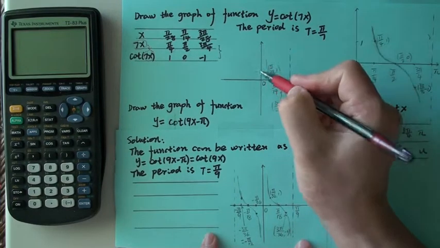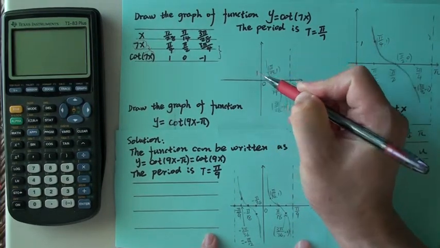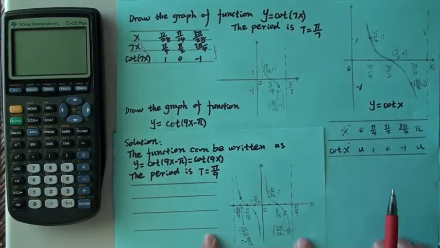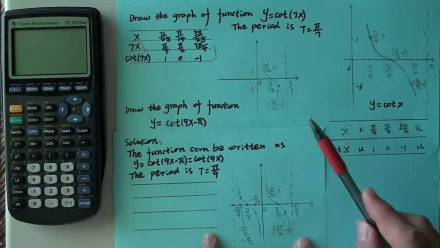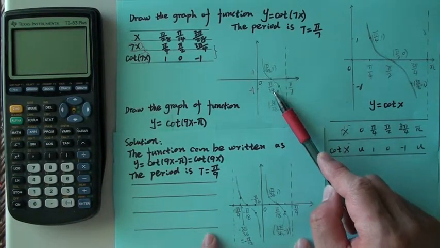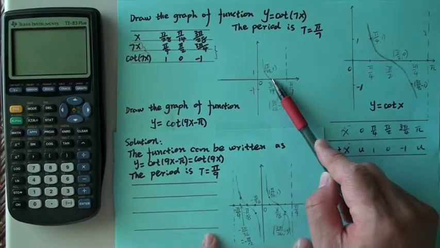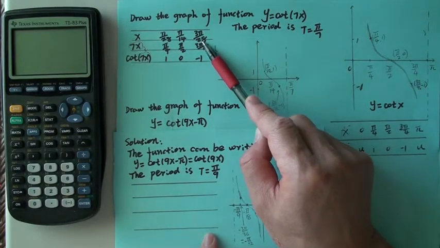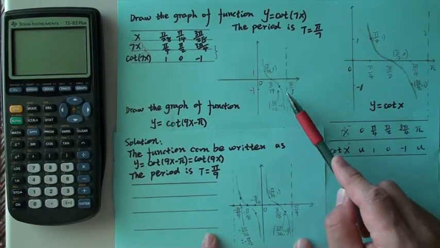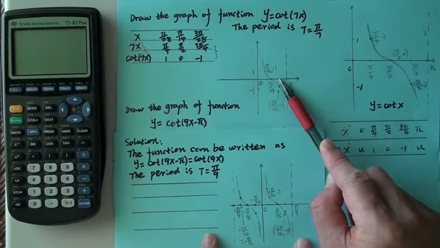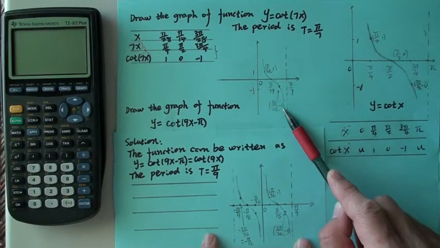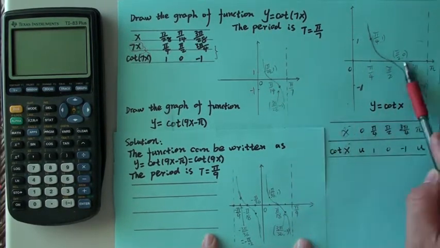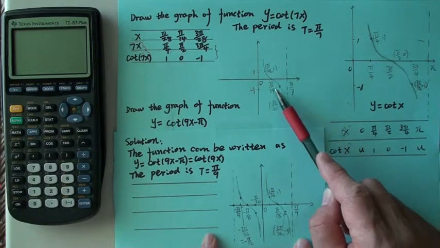So you may mark here is 1, here is negative 1. When x is pi over 14, you have a 0, so this place is pi over 14, 0. 3 pi over 28 is when x equals the value here, and then you have negative 1 for that. So basically shapes are similar, but only x scales are different.